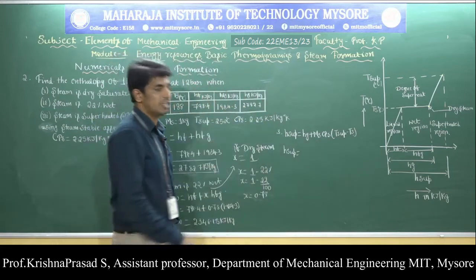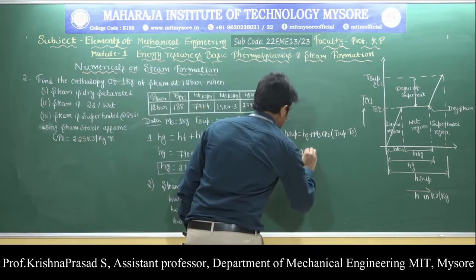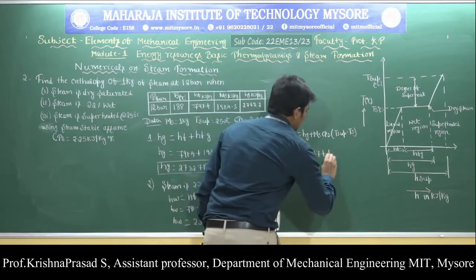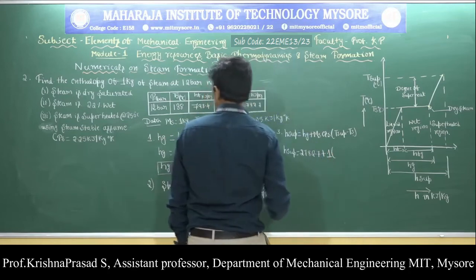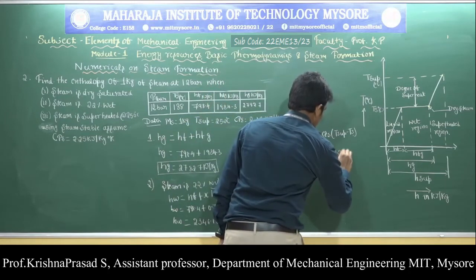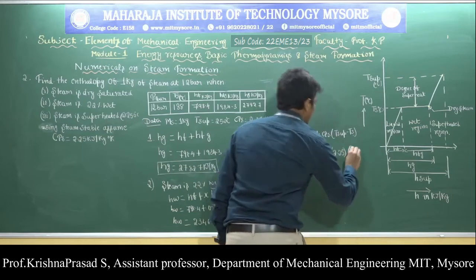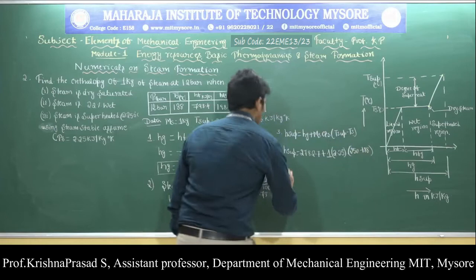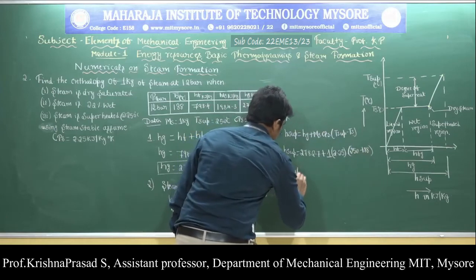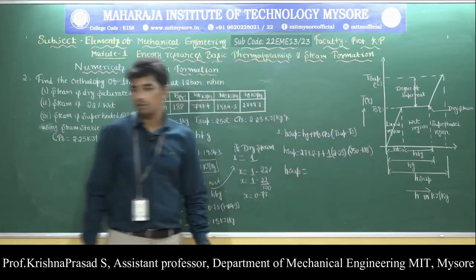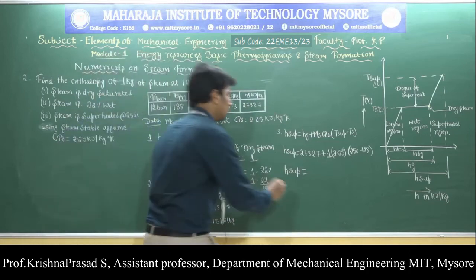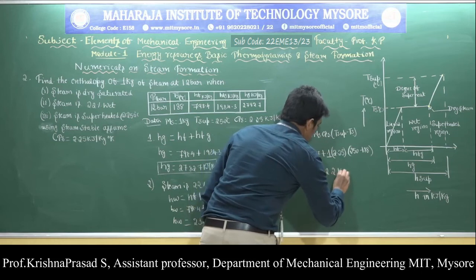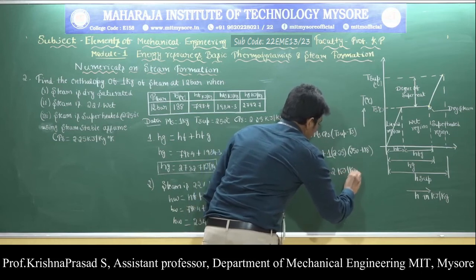That is 2782.7 plus mass of steam equal to 1 kg, cps equal to 2.25, times 250 minus 188. After simplifying this, the enthalpy of superheated steam is equal to 2922.2 kilojoule per kg.